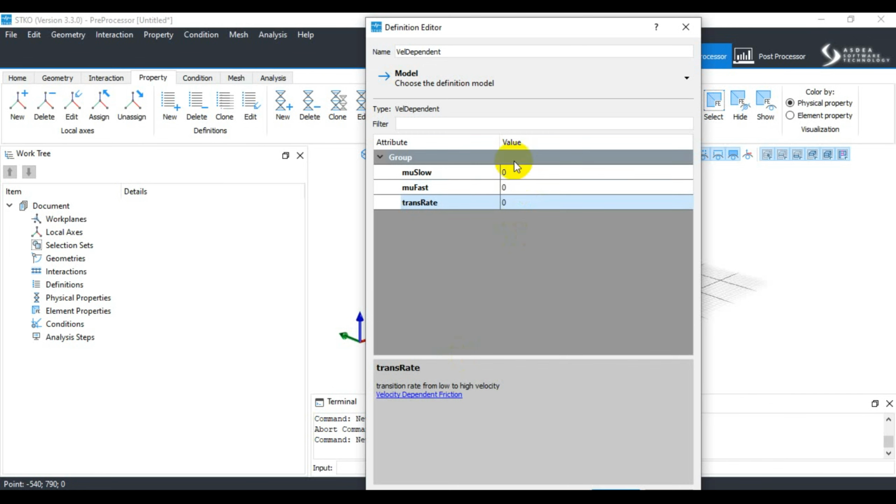So if I define it here, for example, 0.05 and 0.163, and the transition rate is, for example, 0.6 here.